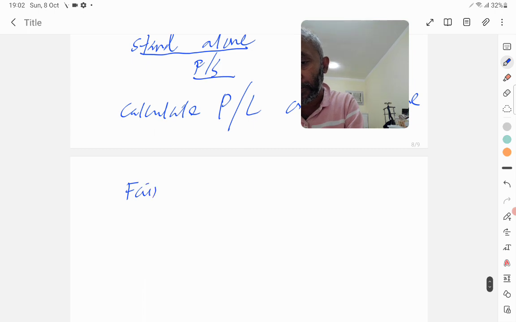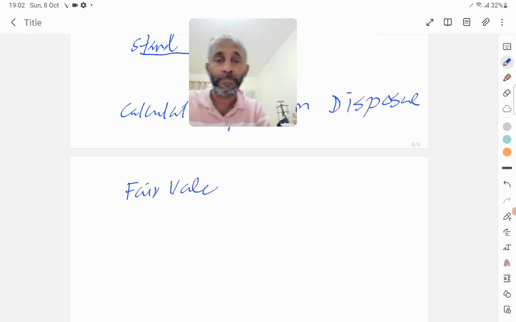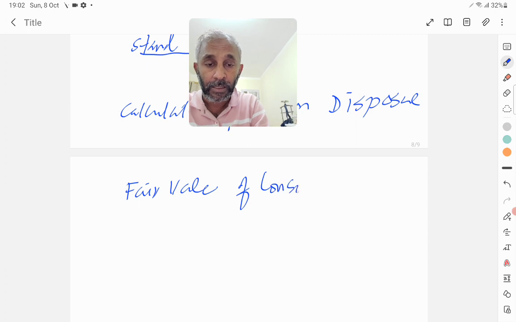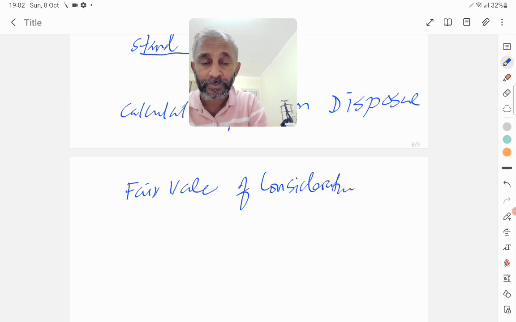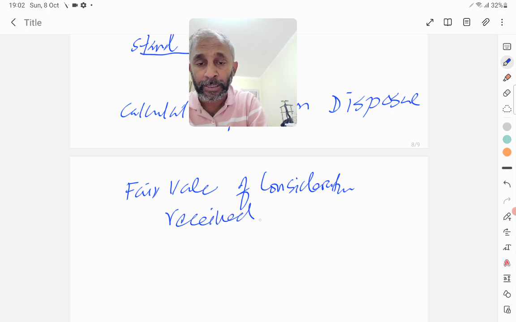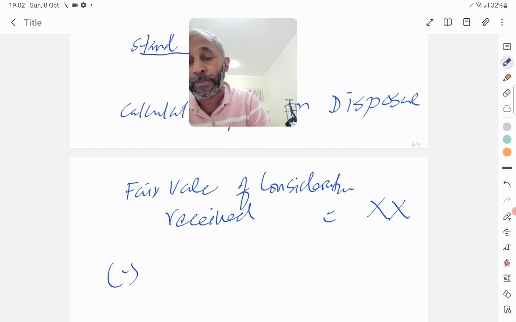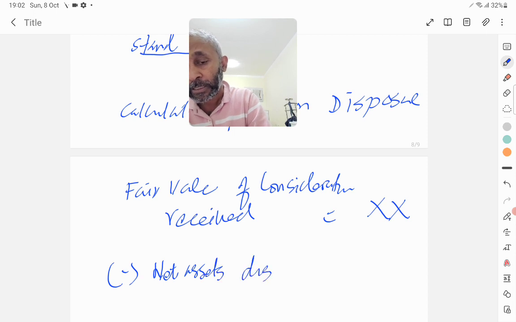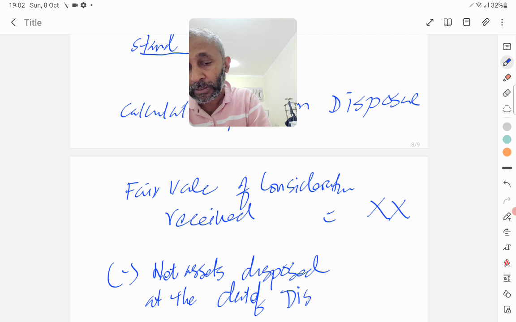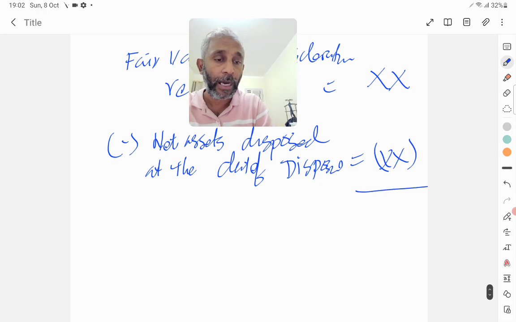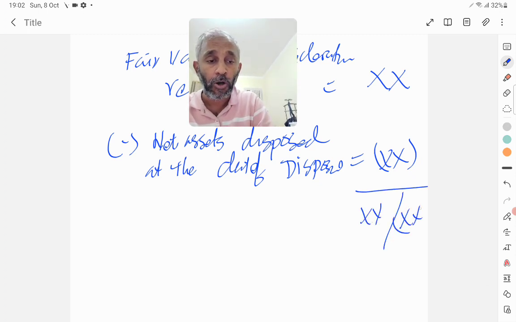Fair value of consideration received, whatever the amount is, minus net assets disposed at the date of disposal. Then the resulting answer is either profit or loss.